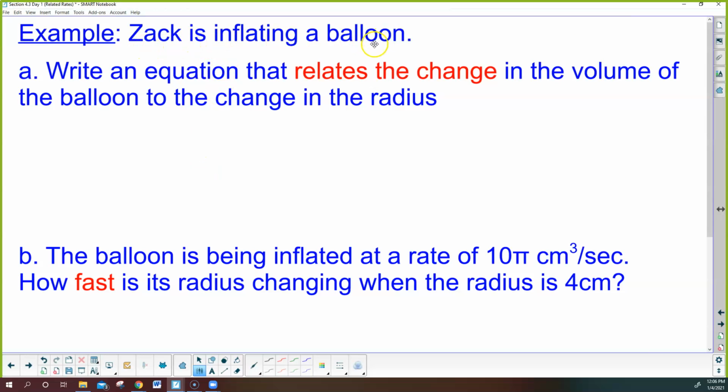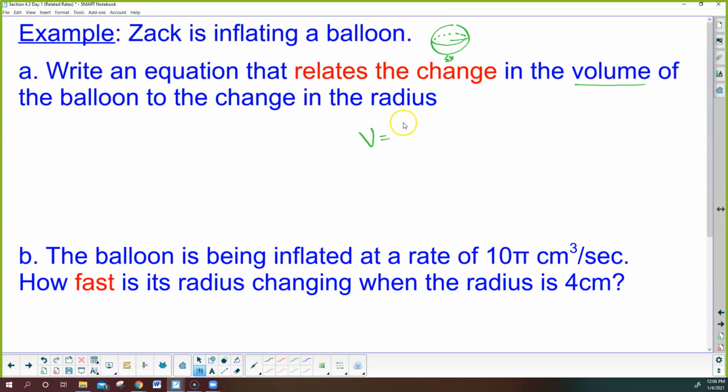Somebody's inflating a balloon. Here's the nice thing about this problem: we would give you the volume of the balloon. Write an equation that relates the change in the volume to the change in the radius. What we would need to do is assume the balloon is spherical. We're not going to include the little tab that you use to blow up the balloon, but what is the volume of a balloon?